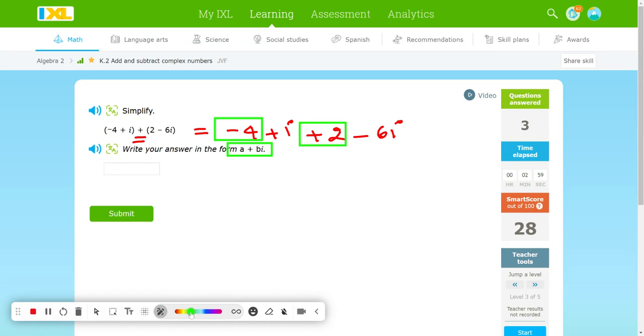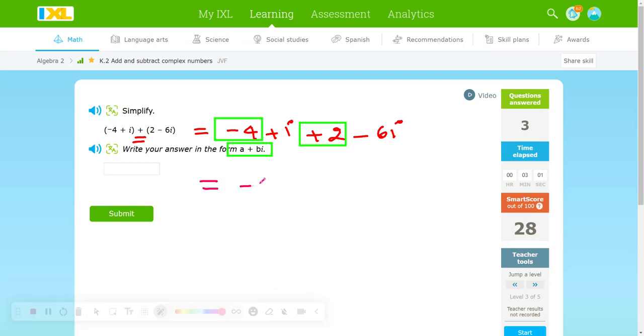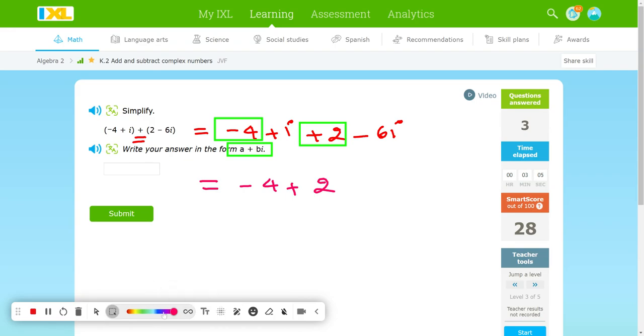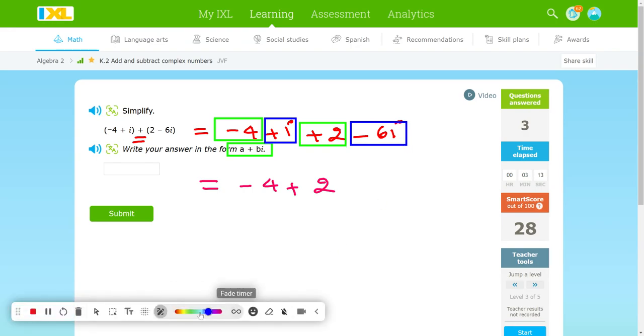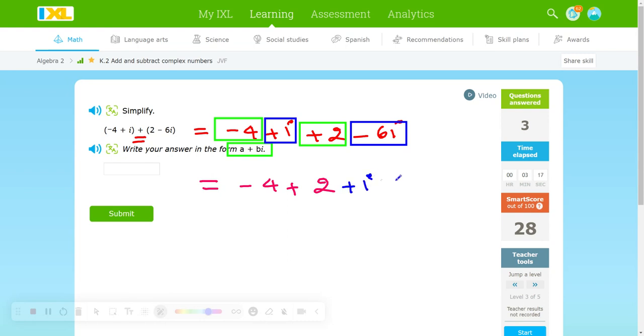So let's do this. Subtract 4 plus 2 first, and then the i part I put together in the back: plus i and then subtract 6i. Now combine these together.